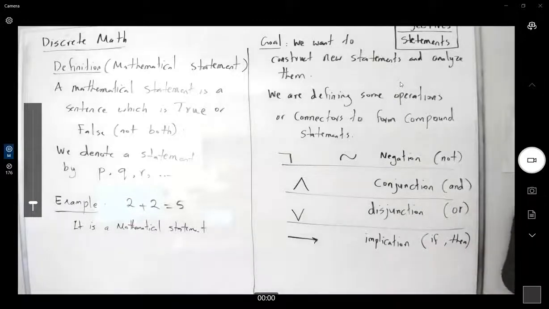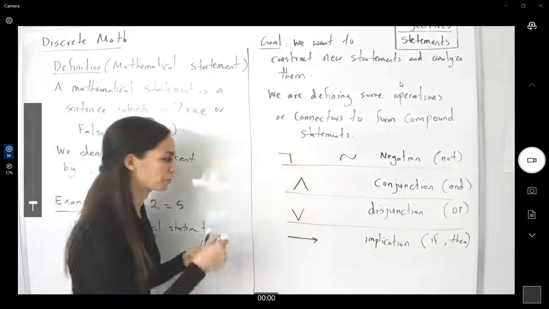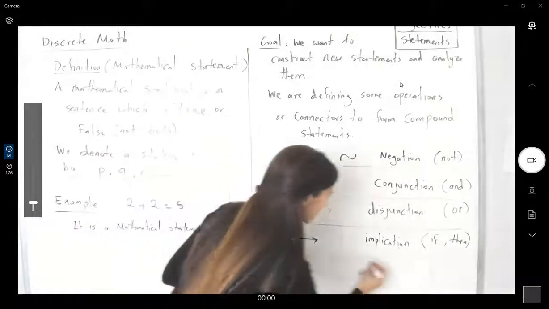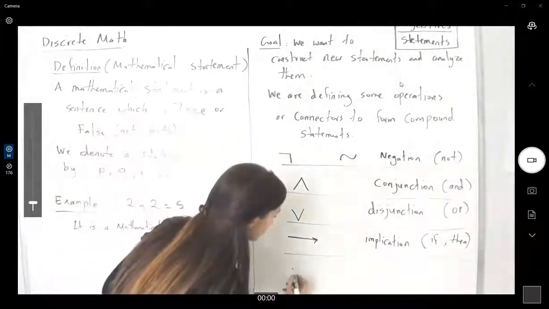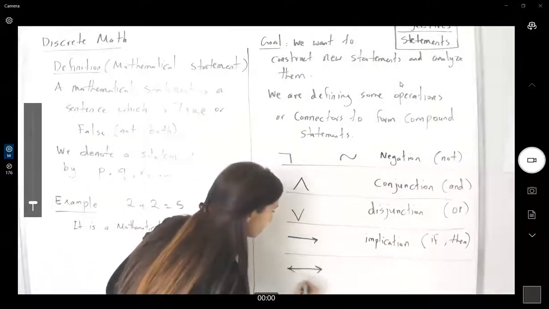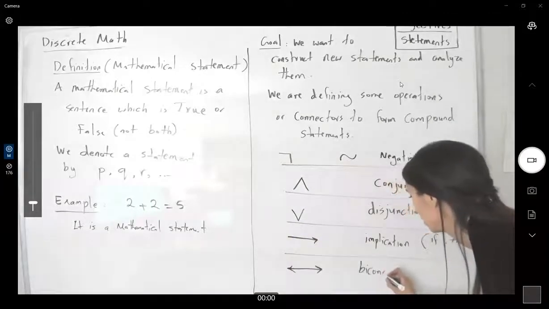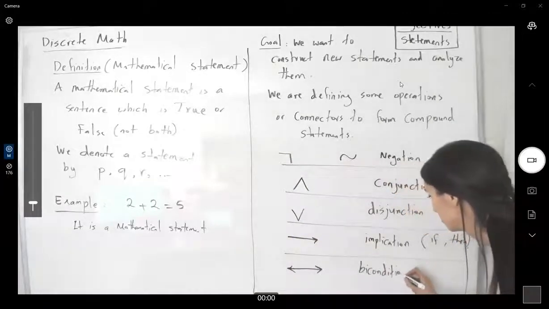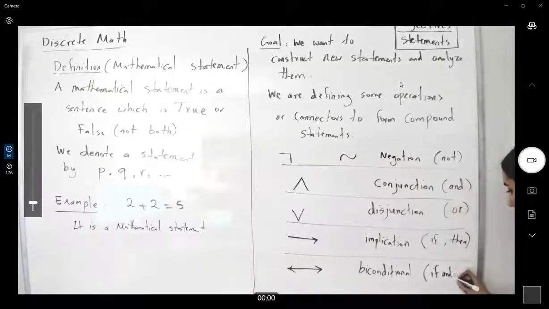Finally, we're going to talk about the biconditional connector as well. Double arrows. So this is biconditional. If and only if.